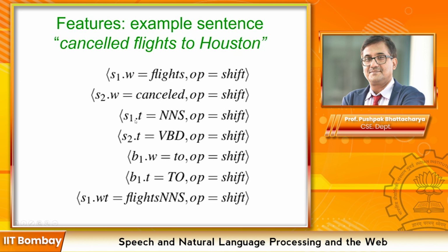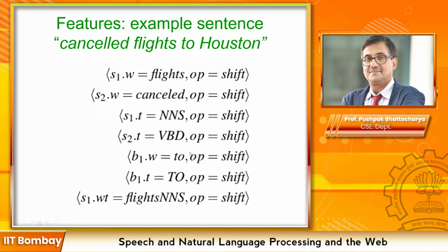The part of speech tag of the first element on the stack is NNS, that is plural noun. Then the operator is shift. The second element's part of speech tag is VBD, that is past tense verb. Now you see cancelled has become the second element on the stack after pushing flights onto the stack. Then again the operator is shift.